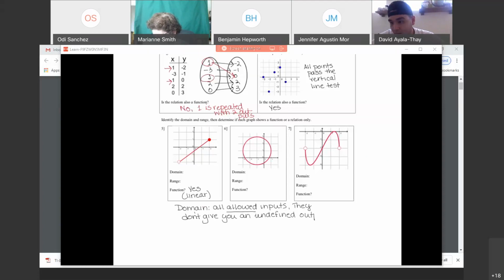So in a linear situation, you can type in any real number at all, and you'll get a defined output. So normally, if you're talking about a line and not a line segment like number 5, your domain would be all real numbers. But in this example, they're restricting the domain. Can anybody let me know what they think the domain is?